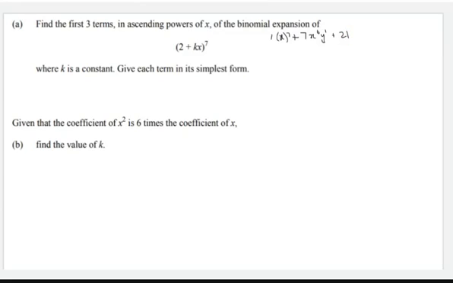So rather than having the x's of the high powers, start with the 2 of the high power. I'm just copying from the last slide.